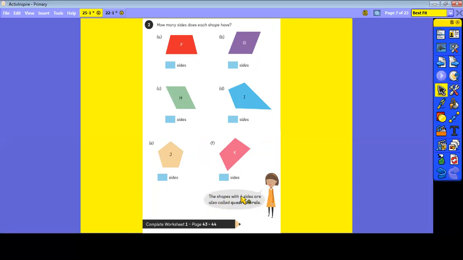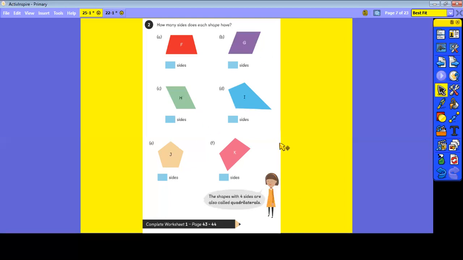We're told that the shapes with 4 sides are also called quadrilaterals. Can you say that for me, children? Shapes with 4 sides are also called quadrilaterals. Quadrilaterals, that's a big word to remember, isn't it? I wonder if you can remember that. I'll have to ask you this week in one of our Zoom calls.